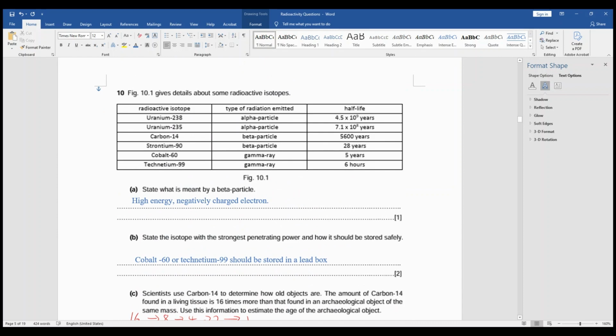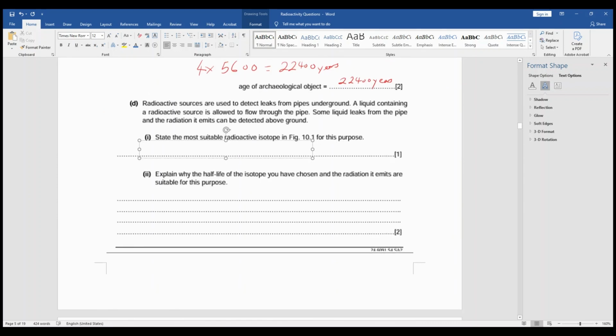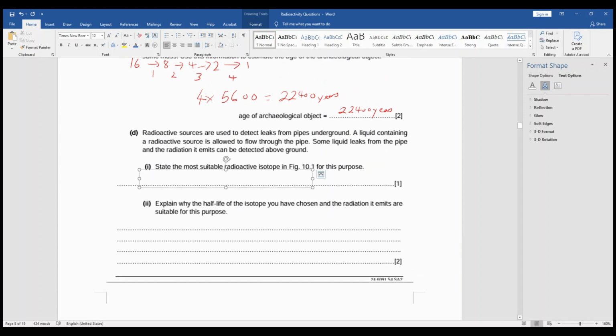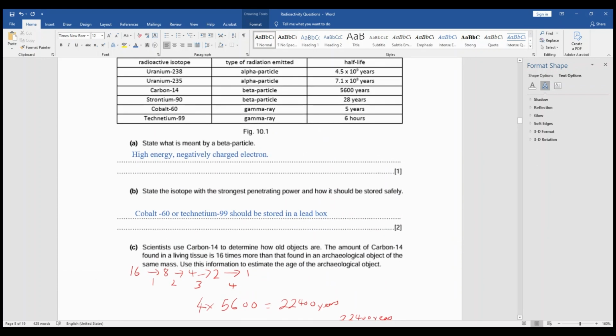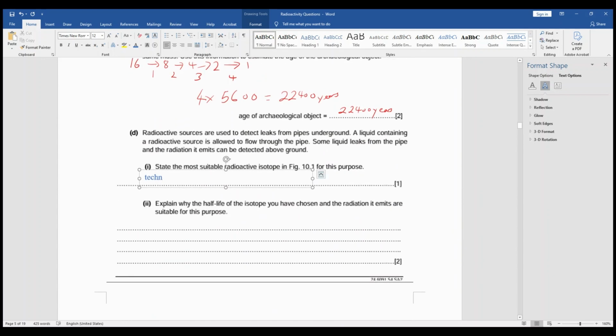So I will be using technetium 99, 6 hours. That's the shortest I can find. Technetium-99. They never ask me for a reason, so I'm not going to give the reason here.